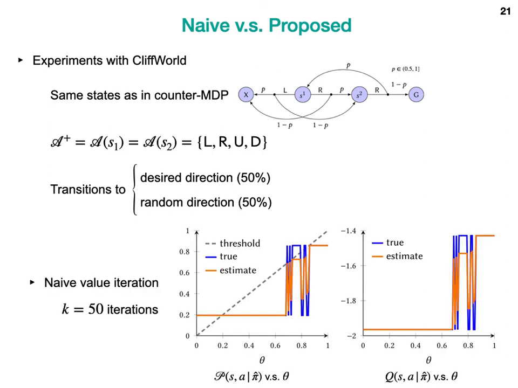Here are the results of naive value iteration after 50 iterations for each threshold on the x-axis. At around theta equal to 0.8, naive value iteration thinks that the current policy is safe in the orange curve, while it actually is not in the blue curve. Moreover, the switching between the policies randomly induces errors.